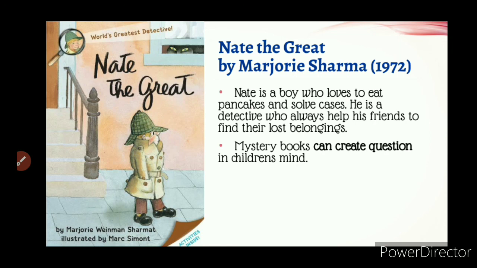Nate the Great by Marjorie Sharmat is an example of a book with mystery. The story revolves around the activities of Nate in finding the lost items of his friends. So these mystery books can create questions in children's minds. This also encourages children to reread the story and come up with a solution.